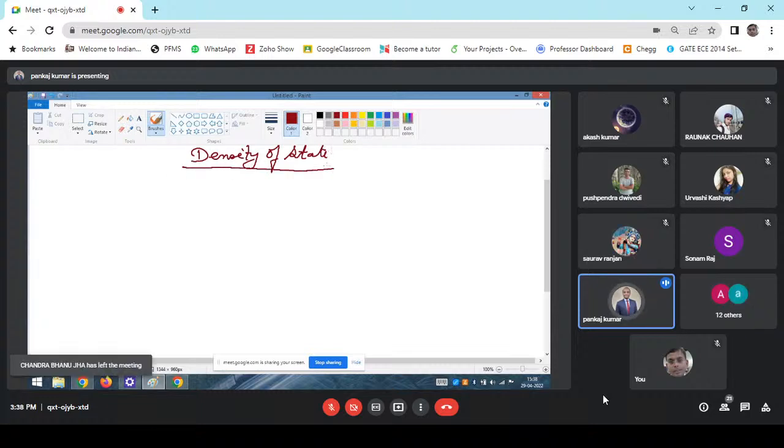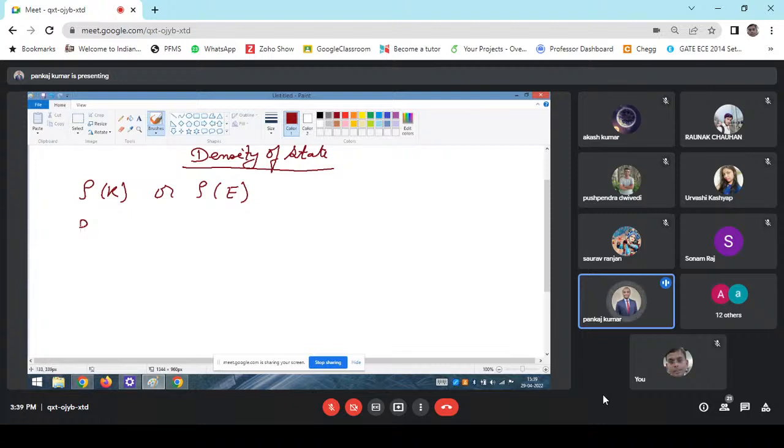So we generally denote density of states in the term of rho k or rho E, right? Here k is a space vector. It is a vector quantity.